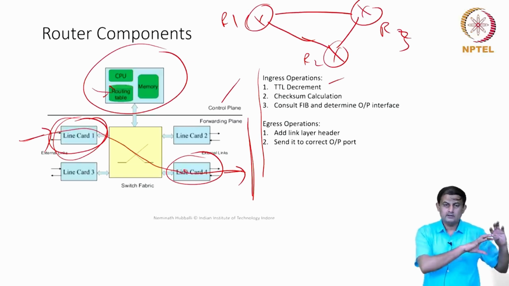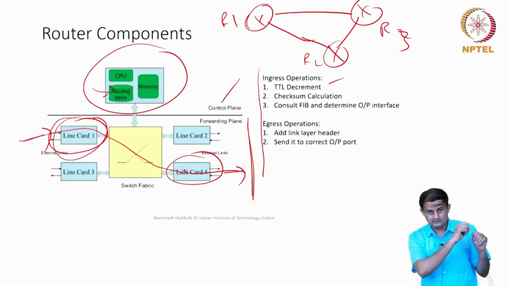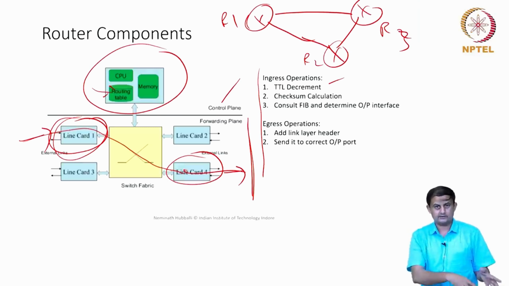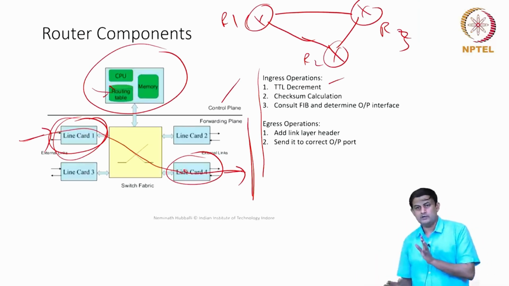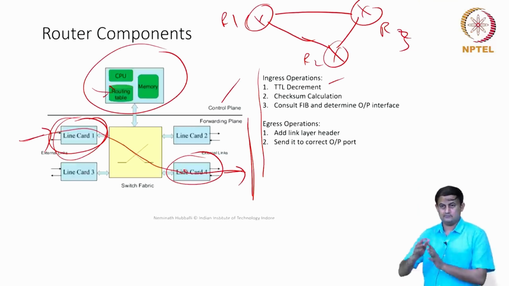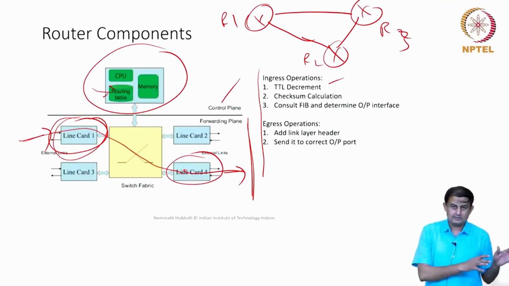So on an input link, you have a link layer header that is stripped off at the input line card, and from this router onwards to the next hop, you can add an altogether different link layer header. Think of this case.